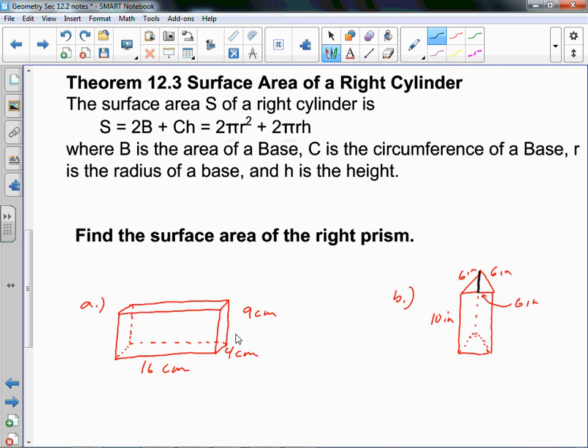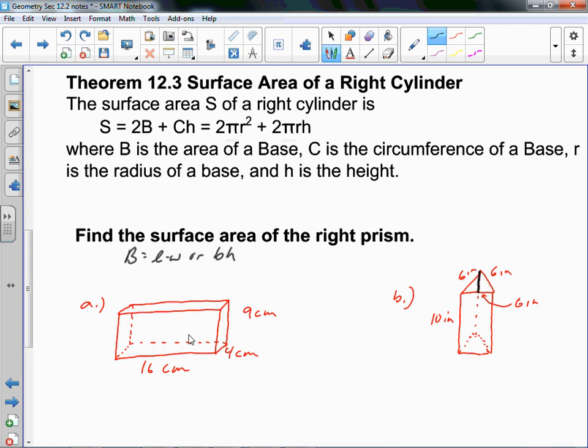So when we look at this figure, the bases, those are going to be rectangles, right? So capital B for area of the base, the formula we use for area of a rectangle is length times width, or base times height.